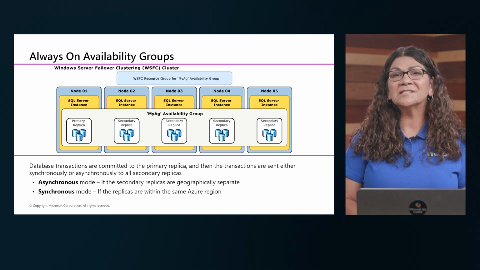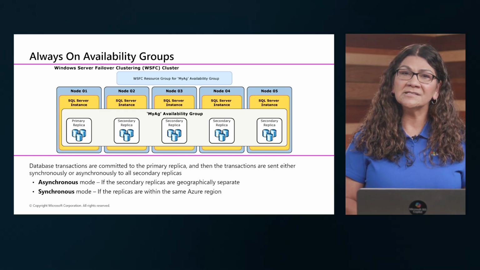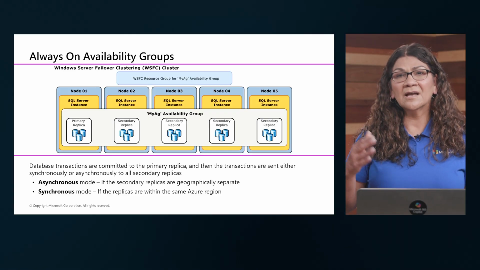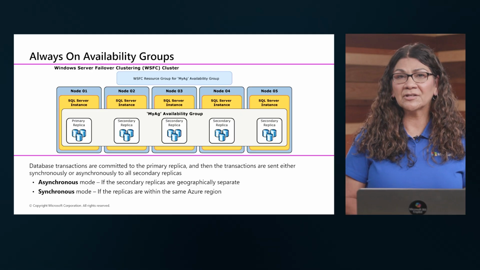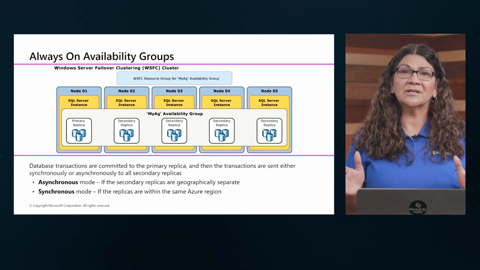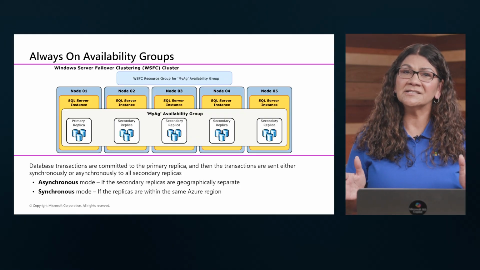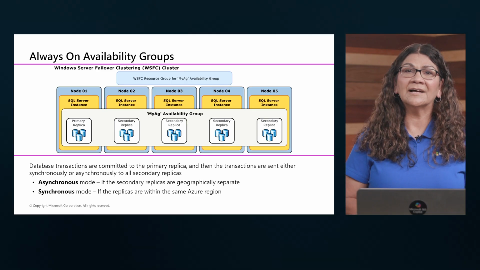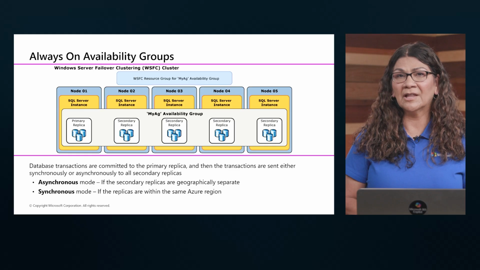The physical distance between the replicas determines the appropriate availability mode: synchronous for low latency, intra-region deployments, and asynchronous for geographically dispersed setups. Importantly, this solution protects a group of databases, not the entire SQL Server instance. It allows for more granular control over high availability if you'd like that.